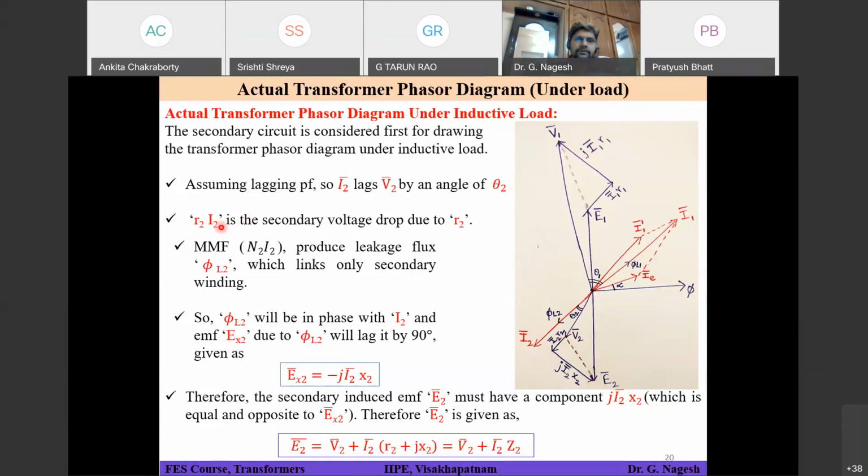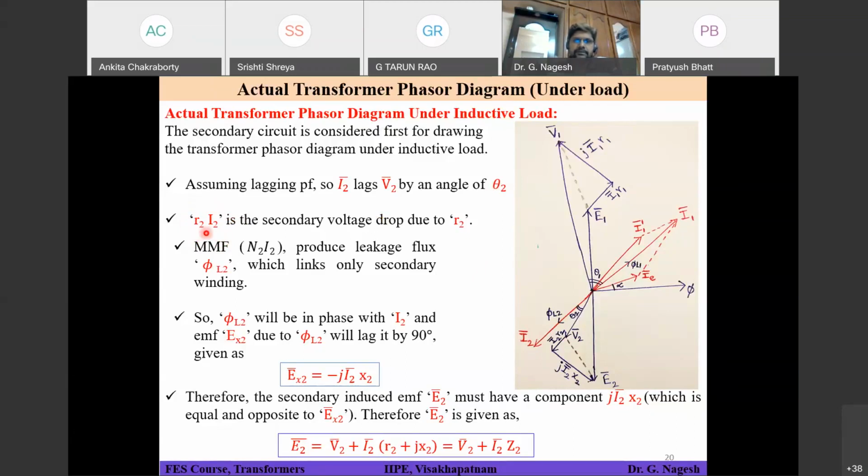The load power factor angle is theta 2. Obviously, the secondary winding will have a resistance, which I denote as R2. When the secondary current is flowing, you will have some drop in the secondary winding because of this resistance.